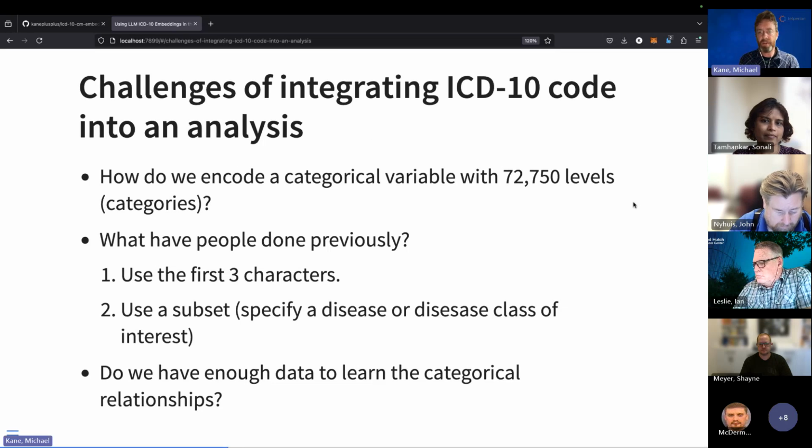Okay, so what are the challenges of integrating ICD-10 codes into an analysis? This is essentially a categorical variable with 72,750 levels, right? So if I were thinking about incorporating this as a variable in, let's say, a supervised model where one ICD-10 code is one of the independent variables, then I'm going to need to do a factor expansion on that, so basically a dummy encoding.